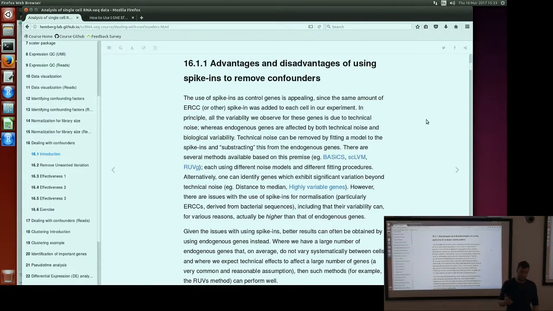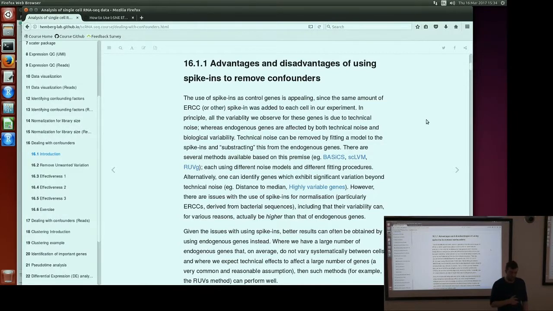So alternatively, one can identify genes which exhibit significant variation beyond technical noise. You could identify these by distance to the median expression, or there are various approaches to identifying highly variable genes. And these could be used along with the spike-ins.